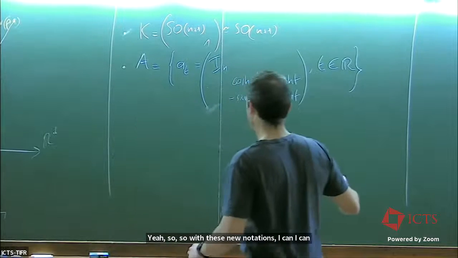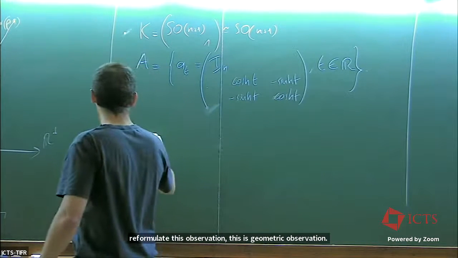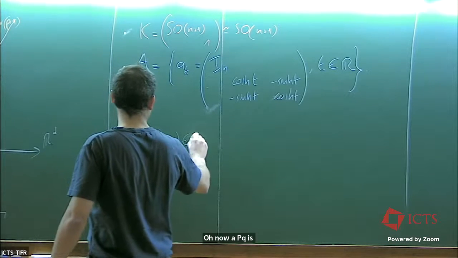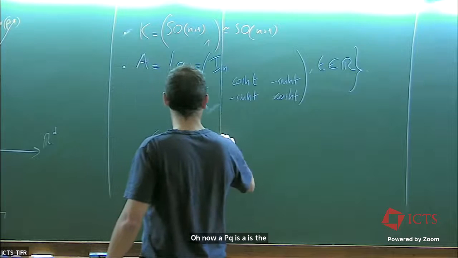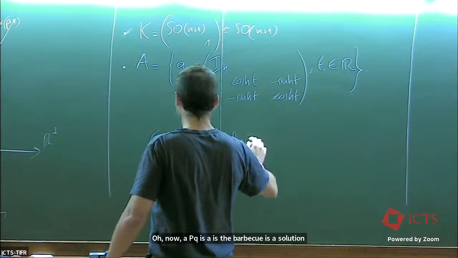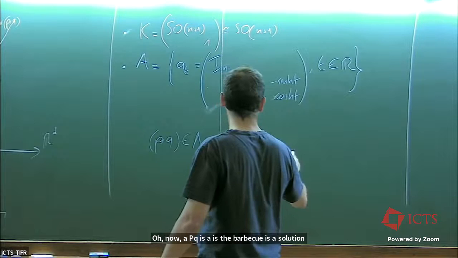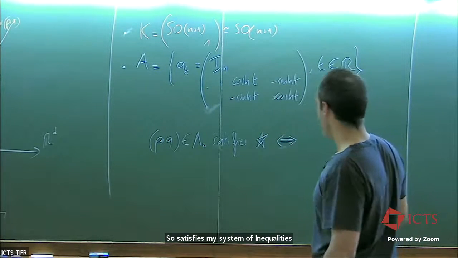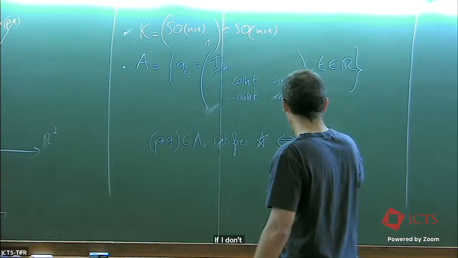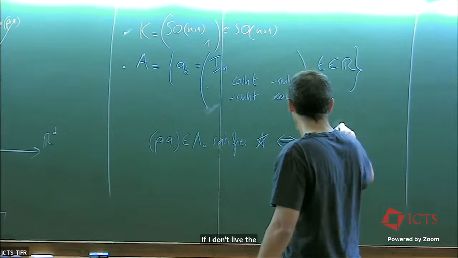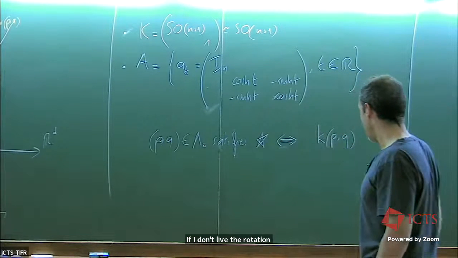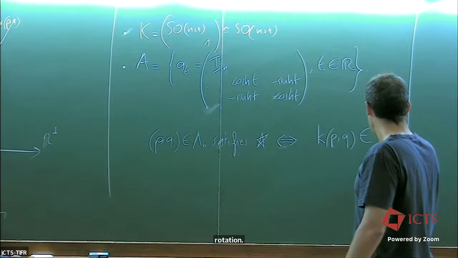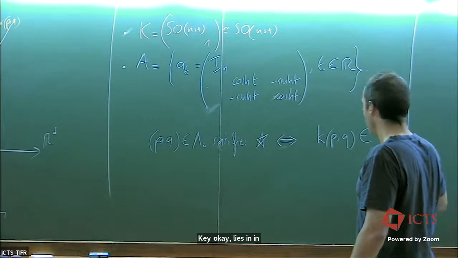Now PQ is a solution, so it satisfies my system of inequalities exactly if and only if the rotation of this pair PQ by a particular specific rotation K lies in some domain ETC on the light cone.